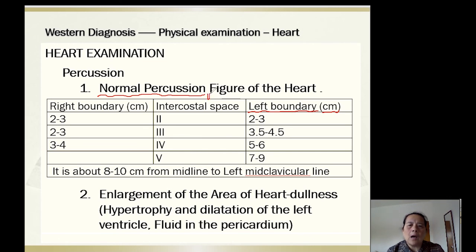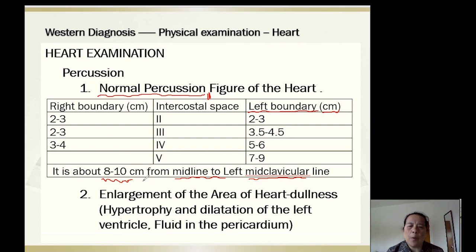So that's calculated from the middle line. And we say normally, people from the middle line to the midclavicular line is about 8 to 10 centimeters.